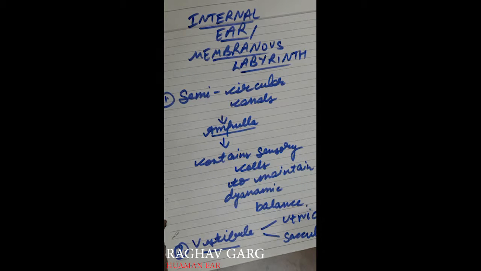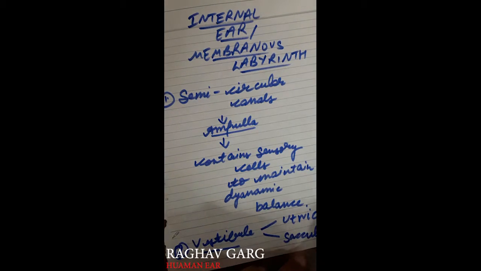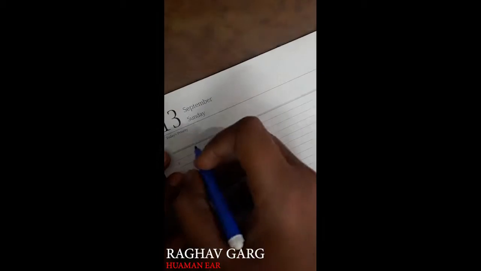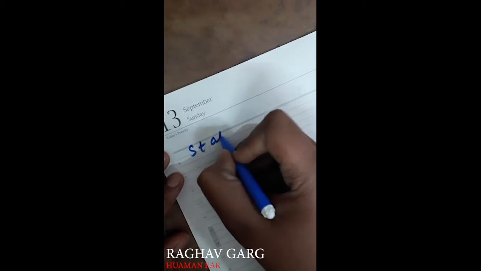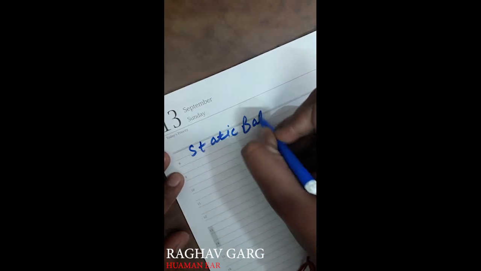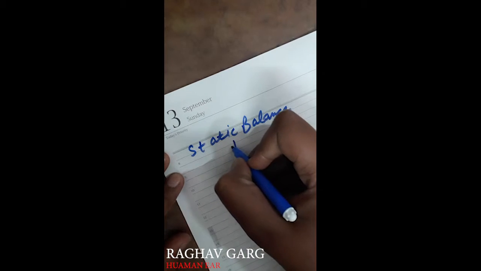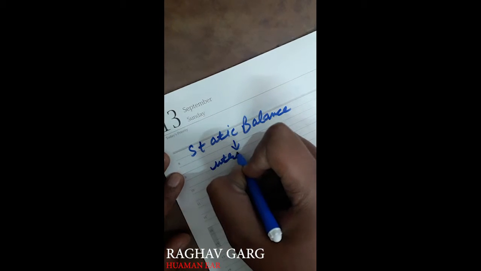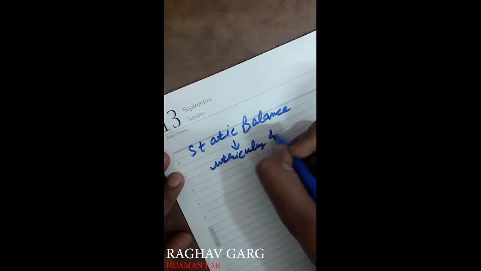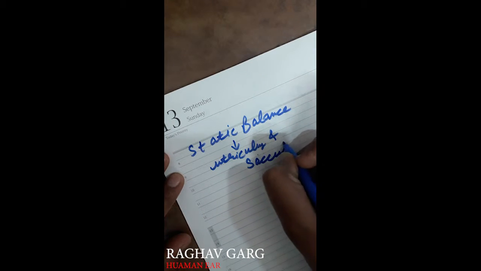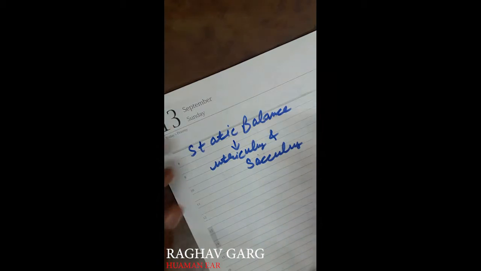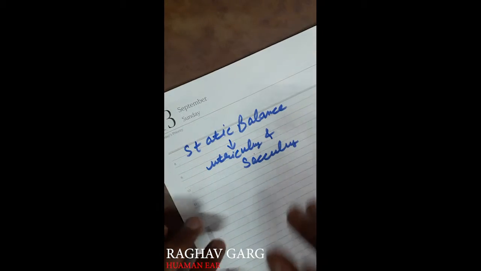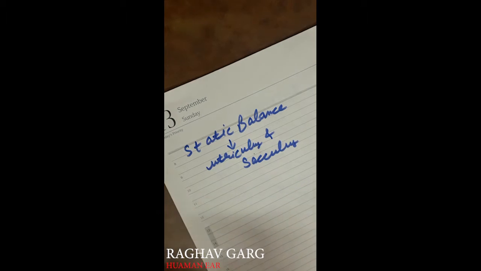These are double-walled structures, and static balance is controlled by utriculus and sacculus together. The utriculus is the upper wide part while the sacculus is the inner lower part.